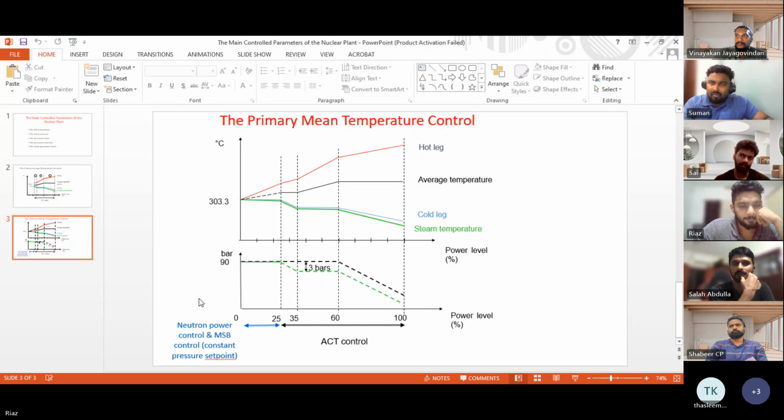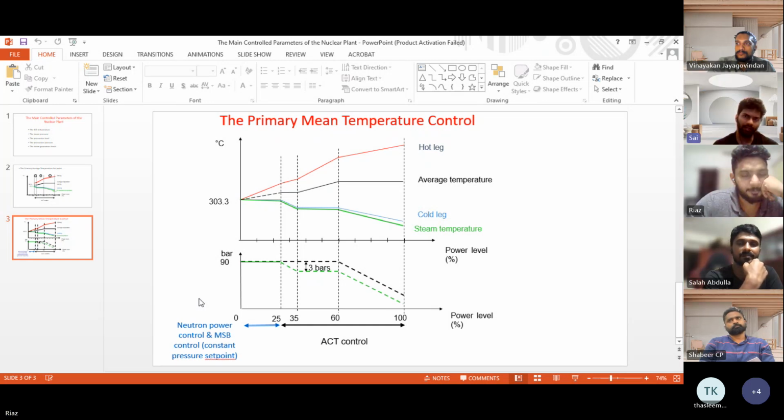Then why did you say that during this mode there will be more flux? This side it will be lower, that side will be higher.